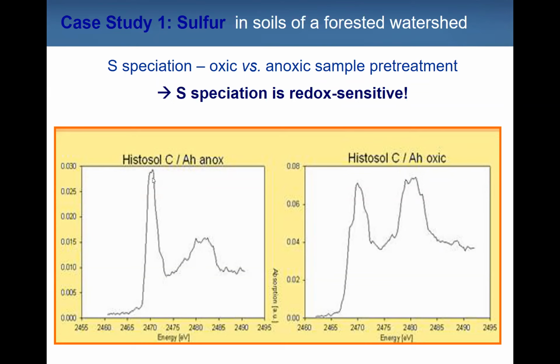So you see here nicely reduced sulfur at 2.47 keV is much more in the anoxically treated soil compared to the same sample when treated without caring for absence of oxygen. So a lot of the reduced sulfur will be artificially oxidized to oxidized forms, and what you get from your XANES results is not the truth which was actually present in the soil.